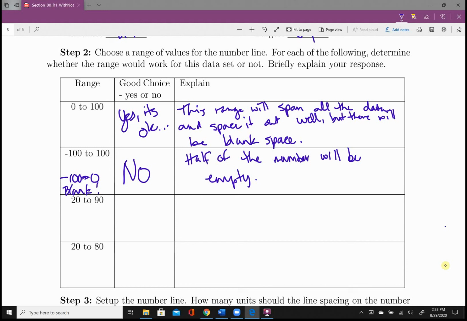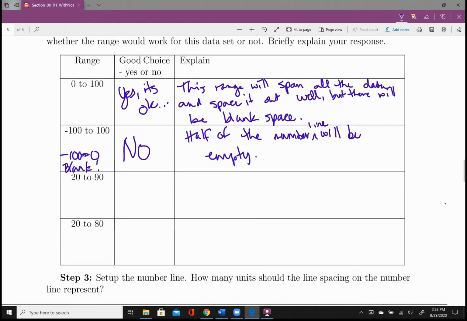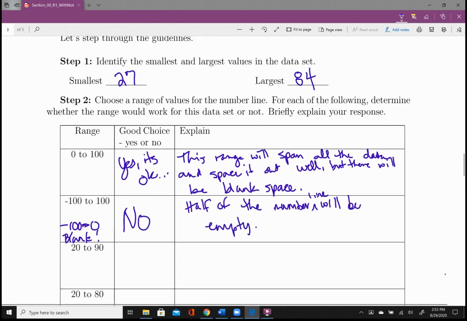Number line, sorry, let me just put the word line in there. Okay, moving on to the span from 20 to 90. Take a look at this and compare it to the smallest and largest values. This looks great.